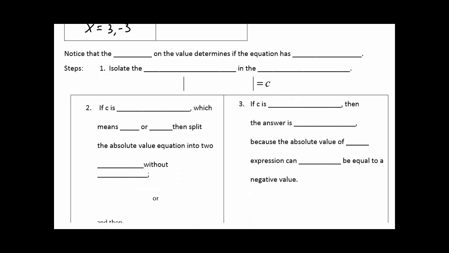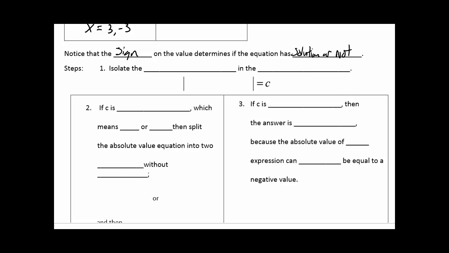Looking at these two equations, we note that the sign on the value determines whether the equation actually has a solution or not. In other words, when solving an absolute value equation, once we have the absolute value on one side, the other side determines what we do next.